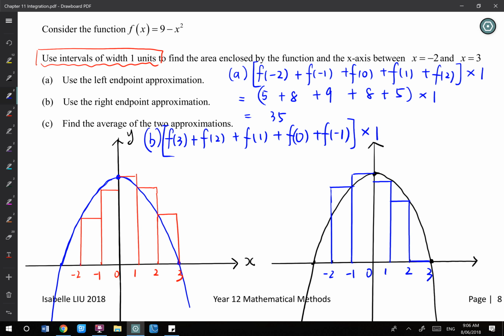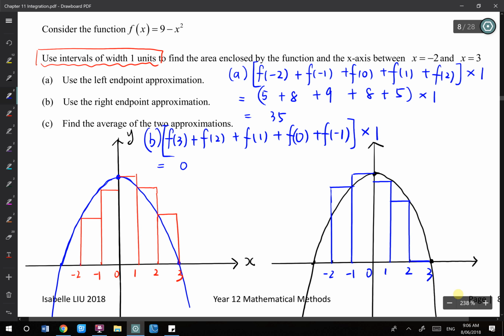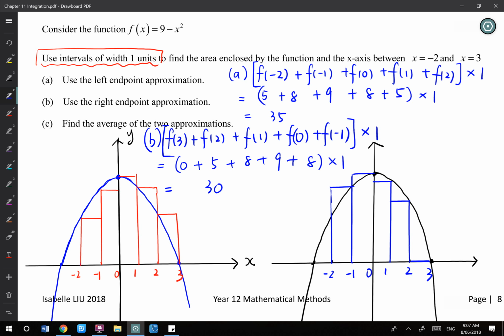The interval width is 1, so 3 goes to 2, 2 to 1, 1 to 0, 0 to -1. But I'm not using -2 because it's a right hand side approximation. So that gives me 0 plus 5 plus 8 plus 9 plus 8, times 1. That's 30, because we just lose one rectangle.